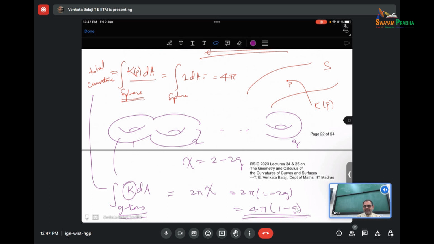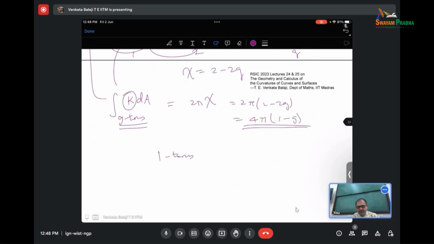Now, if you put g equal to 0, you get 4 pi, which is the sphere case. You put g equal to 1, you get the torus. Torus total curvature is 0.